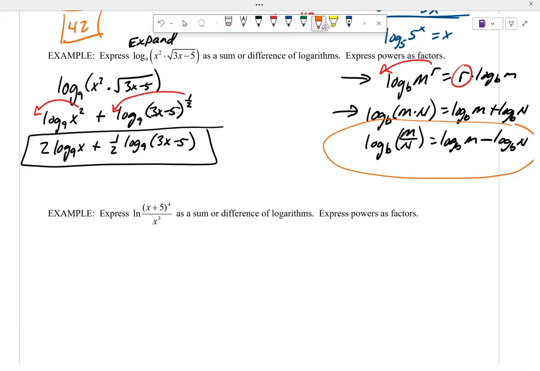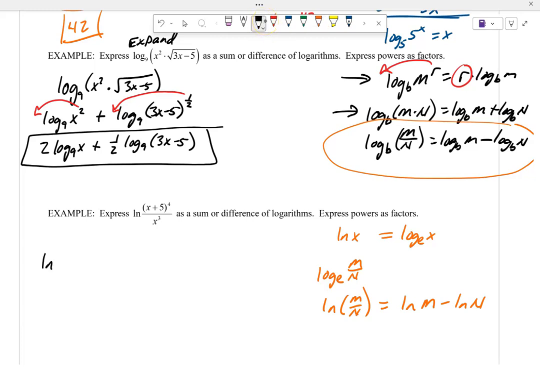Now, remember the natural log is the same as log base e, right? So log base e of m over n is the same as the natural log of m over n. So it still follows the same quotient rule, ln of m minus ln of n, because natural log is log base e.